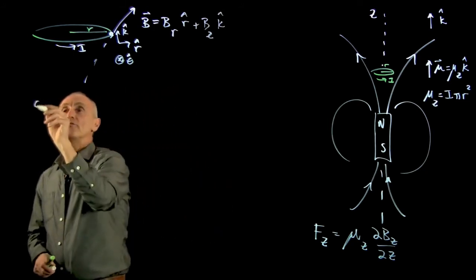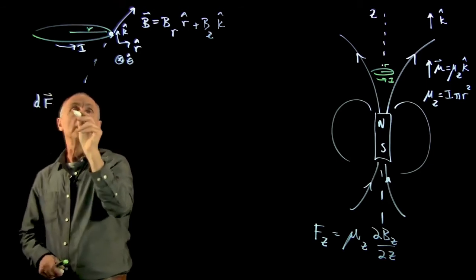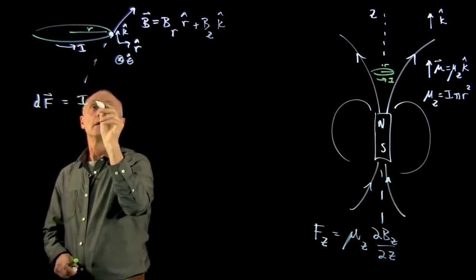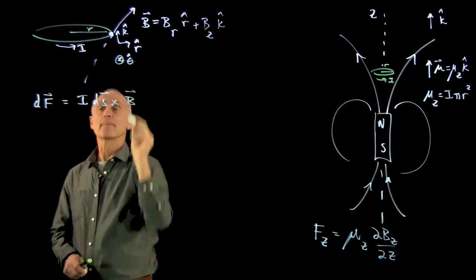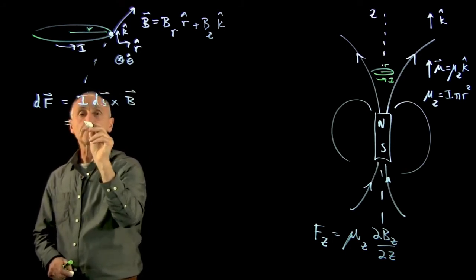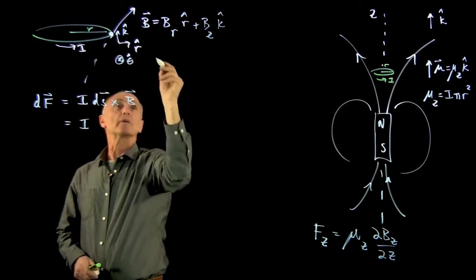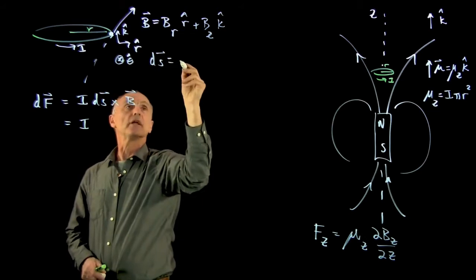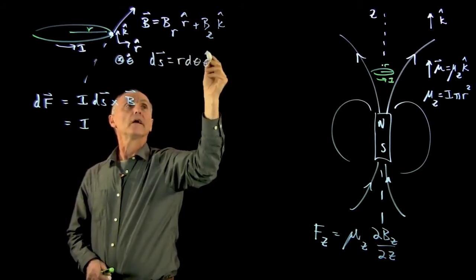Then we know that the force dF on the current loop is equal to the current I ds cross the B field. Now ds is in the same direction as the current, which in this case is our theta hat direction, so we'll write it as r d theta theta hat.